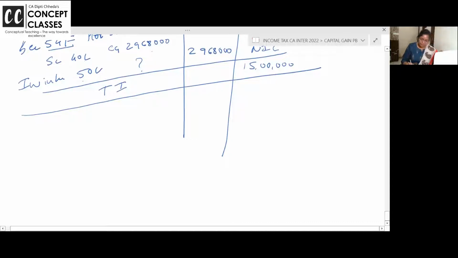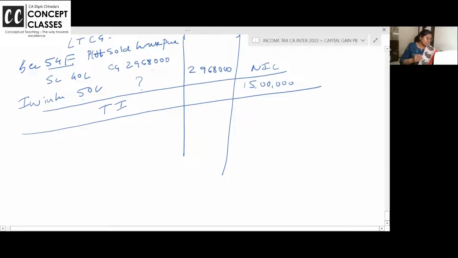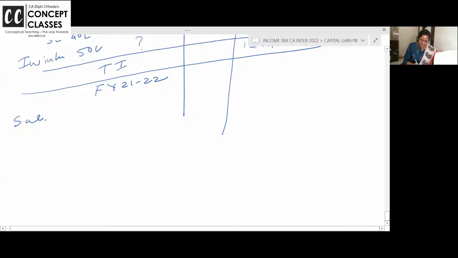The last para. Okay. Now he sold this residential house on 1st February 2022. So now financial year 21-22. Sale of house. He has again sold the house for 73 lakhs.